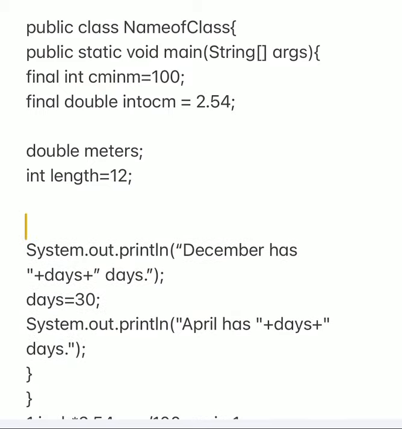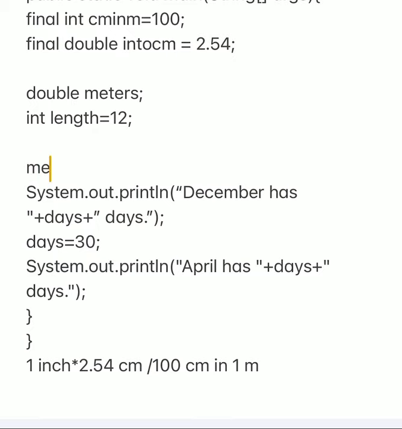So here we're going to say meters is equal to inches length, which is in inches, times inches to centimeters, and then divided by the number of centimeters in a meter.